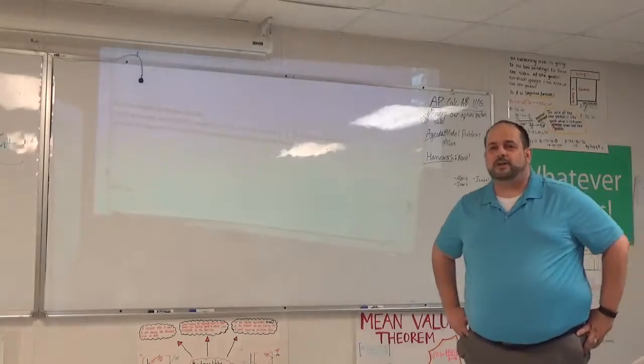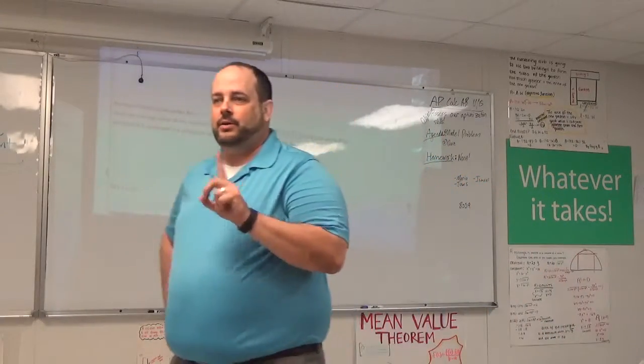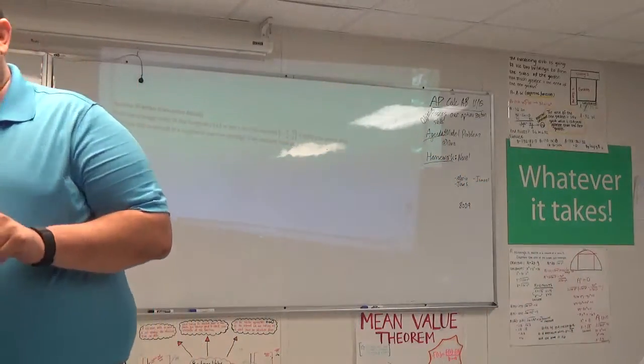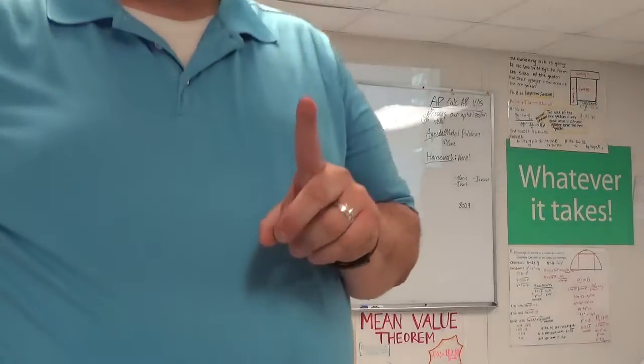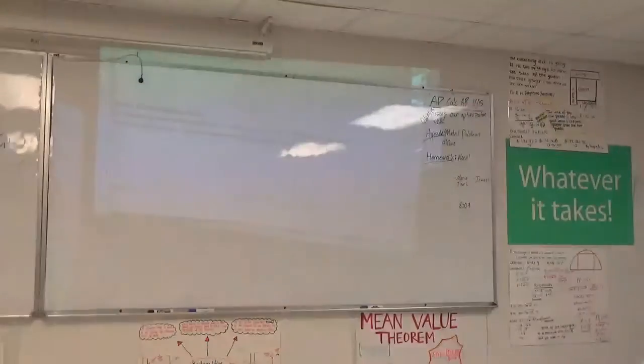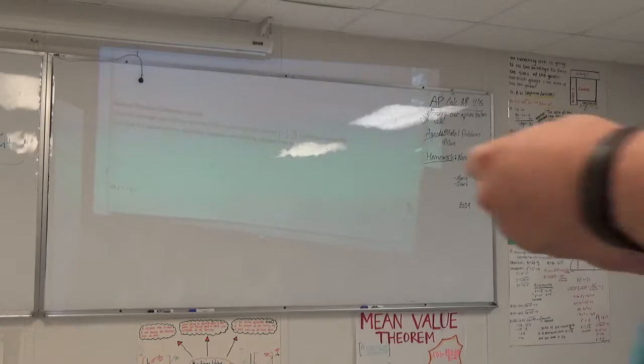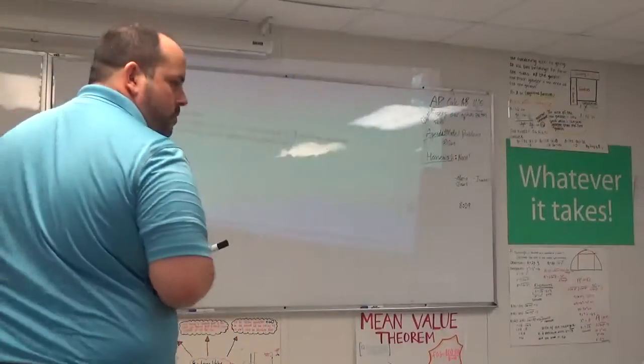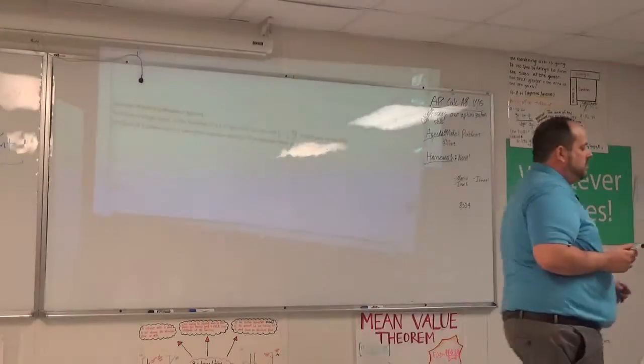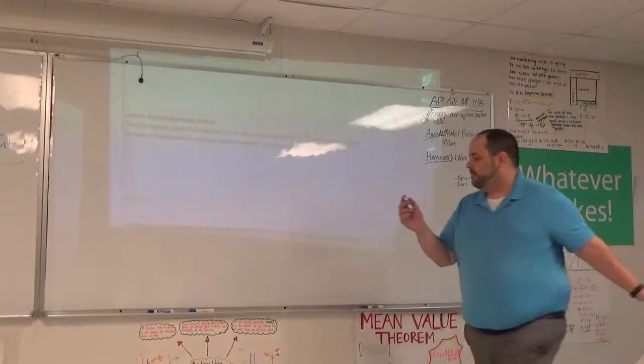This is why I want you to also be able to explain this without your calculator. It's not an even function. Negative, because when we do this, they can't figure out the intervals.